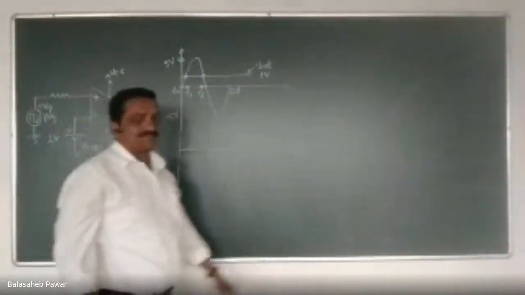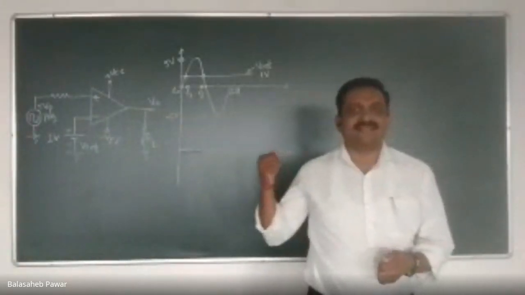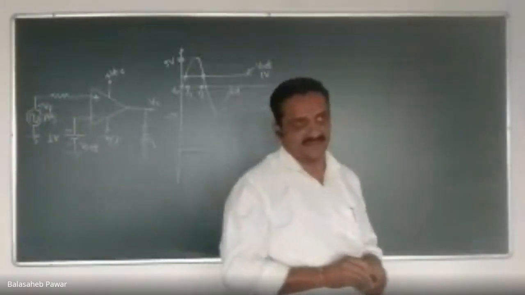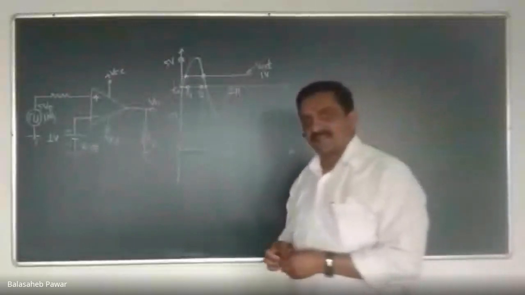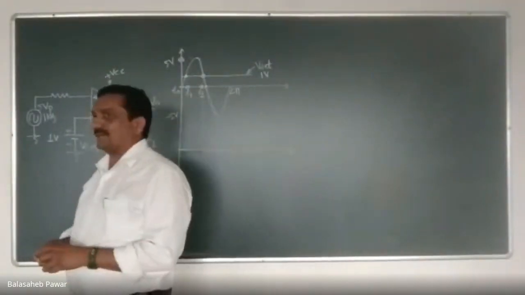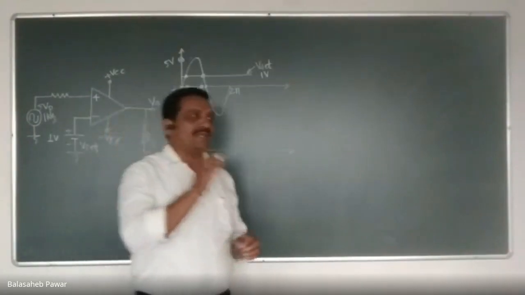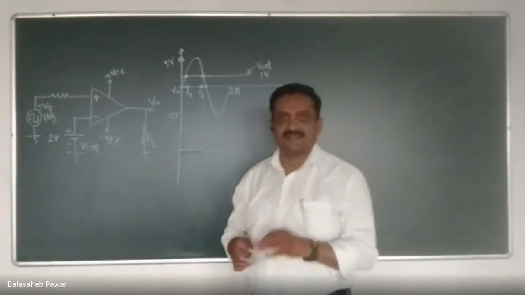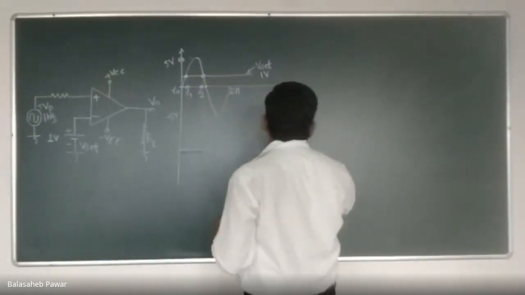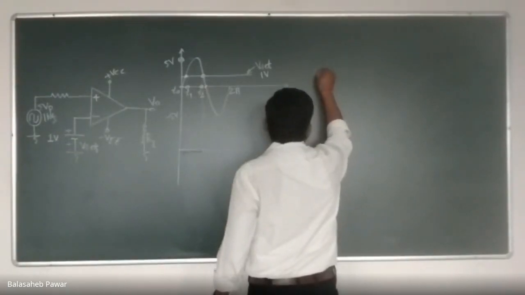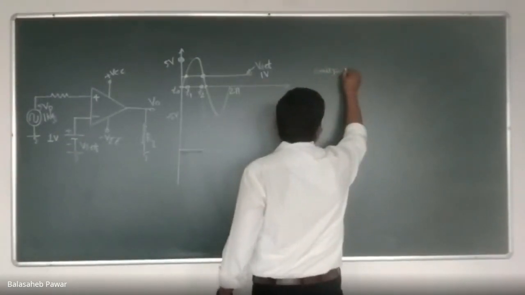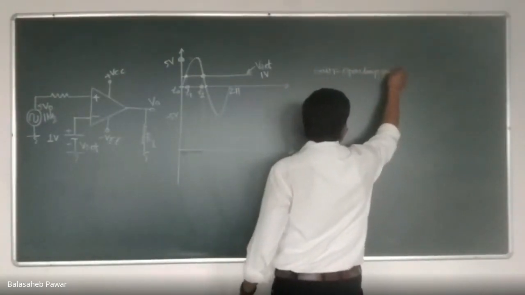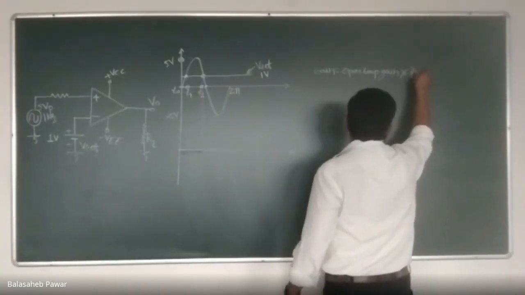Your answer is correct. The op-amp we are using here is a comparator, and it is used in open loop configuration. So in open loop configuration, whatever output we obtain from the op-amp will be equal to the open loop gain times the differential input voltage. Do you agree with this? In open loop condition, the gain of the op-amp is the open loop gain into the input differential voltage.